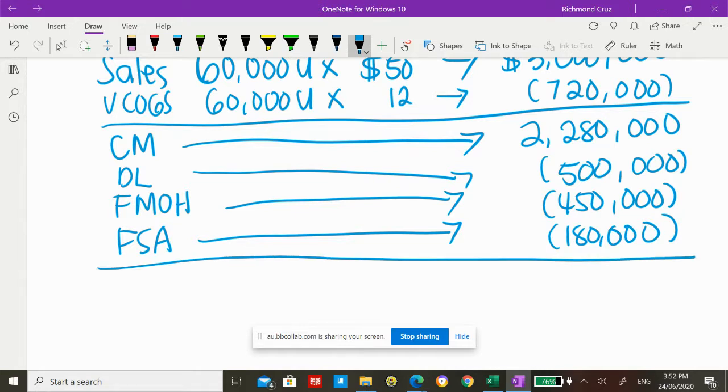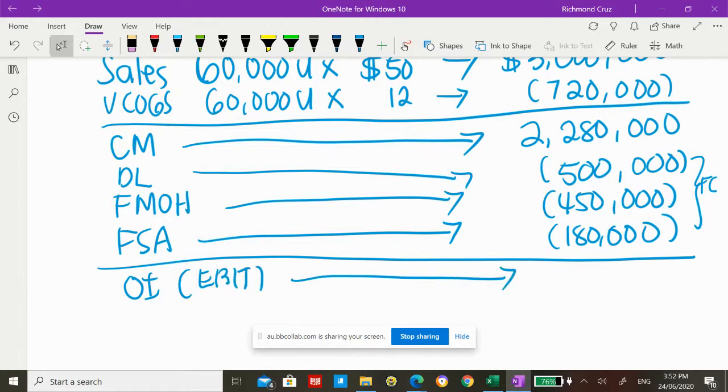So if we deduct all of the fixed costs from the contribution margin, we will arrive at the operating income, and this is also your EBIT, and that is 1,150,000.